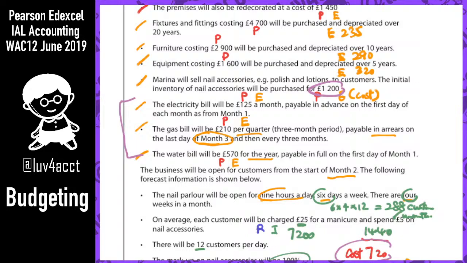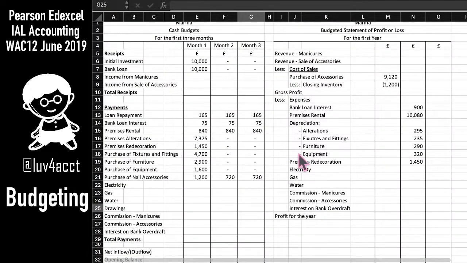Water bill will be for 1 year. We have to be careful about the time given. So let's put there. Electricity, 125 per month, and we will pay every month. Let us do it one by one. It would be 125 multiplied by 12.